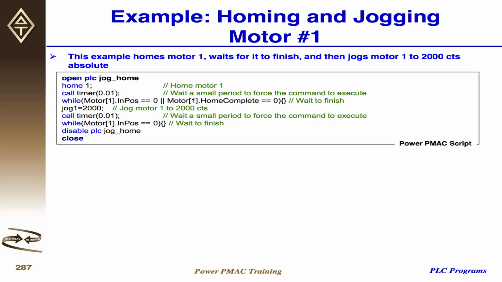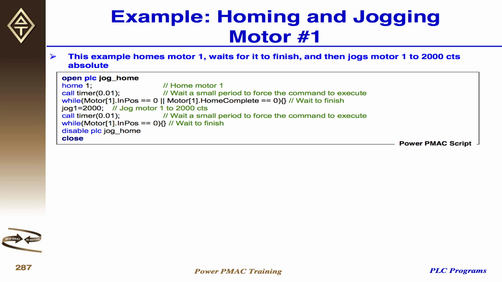So if you don't have the call timer, it might say, okay, I'll issue home 1 and then I'm going to check these bits. The PLC is stupid. It doesn't know that you actually want the home to start before you check the bits to see if the home is finished. So you need to force the home command to execute by issuing a small delay before you start polling these bits. Otherwise, it might say, okay, these bits are actually 1, so I'm going to move on.